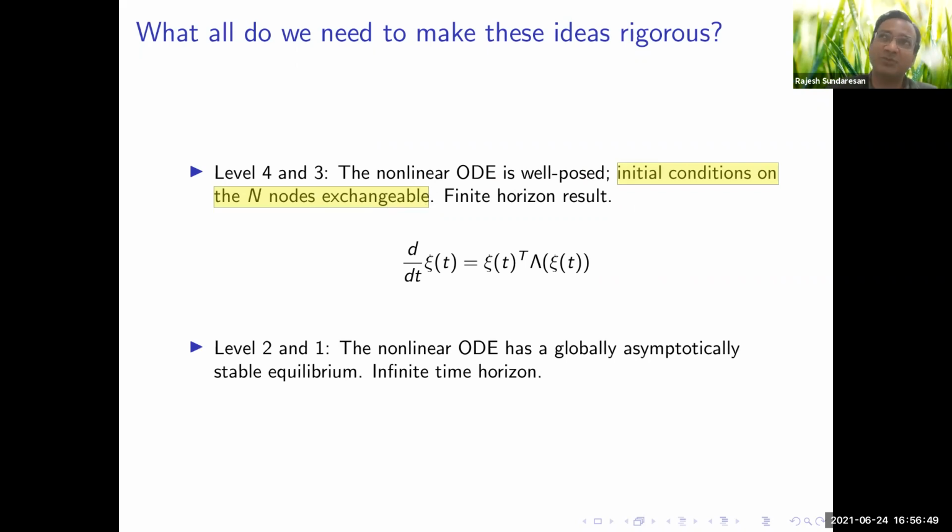As you pass to the limit, one can generalize this, but we also want the limiting initial condition to be a fixed deterministic starting point for the empirical measure. As far as the level 2 and level 1 results are concerned, to make them rigorous, we need an additional condition that the nonlinear ODE is globally asymptotically stable. We need this additional condition because we are looking at an infinite time horizon property.